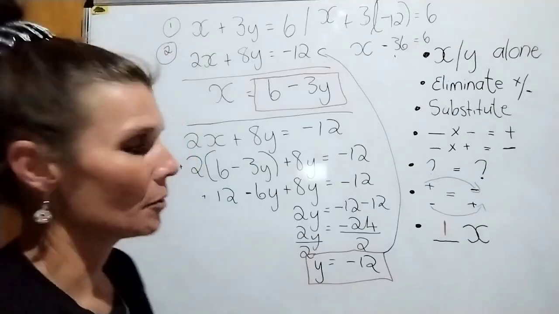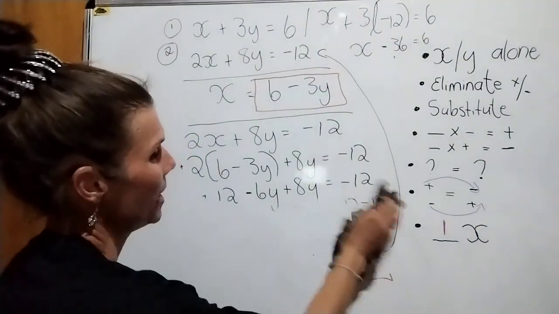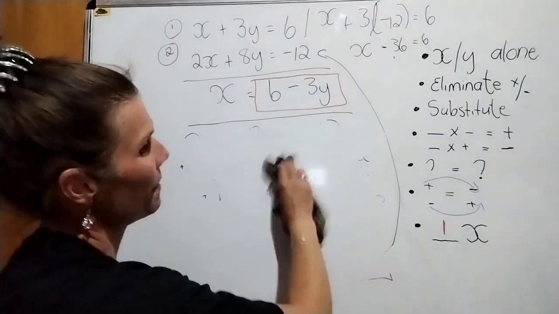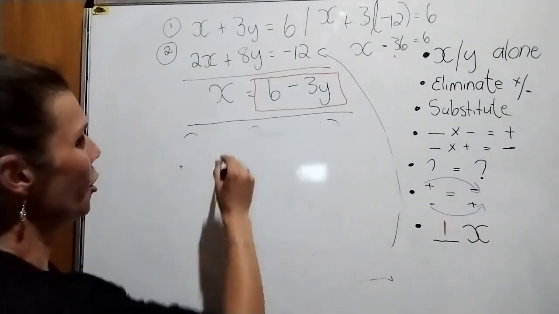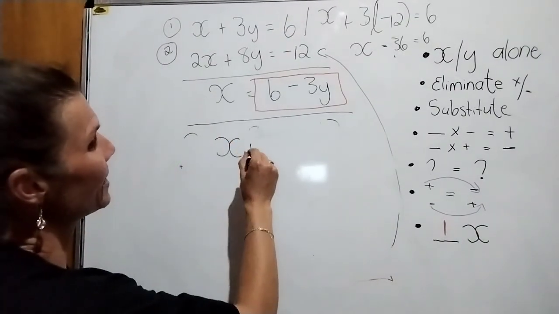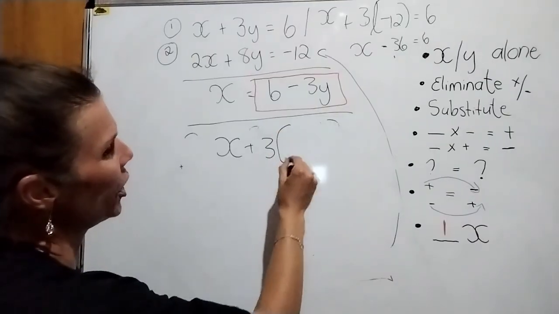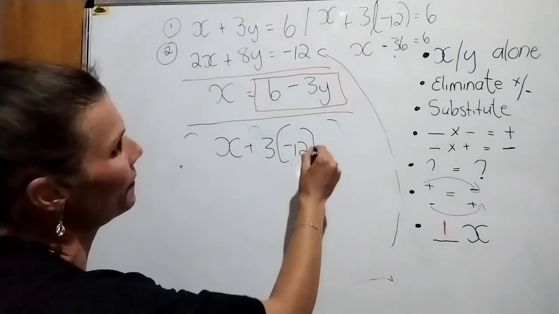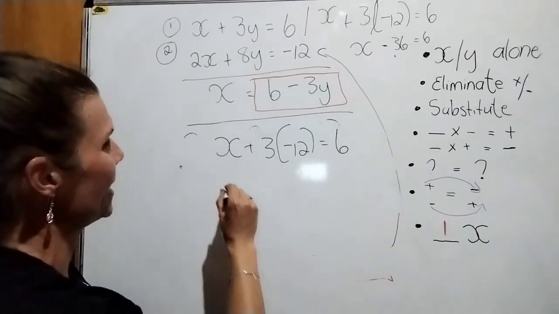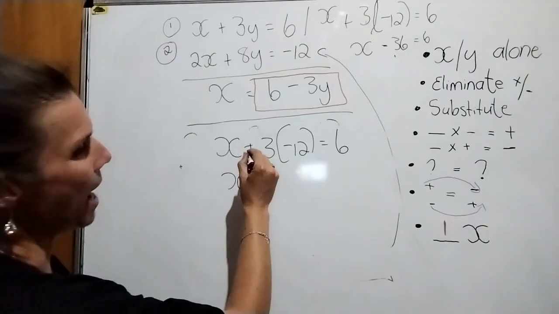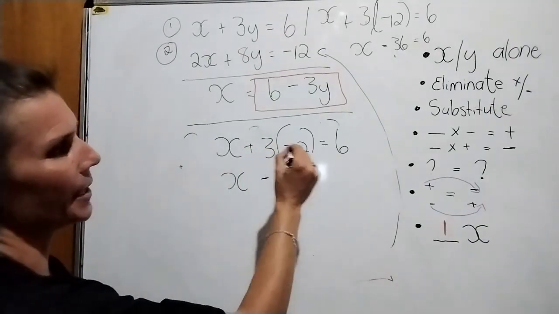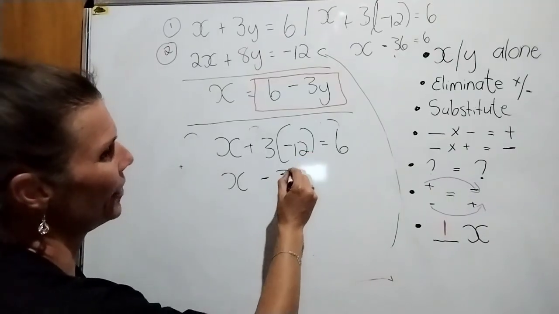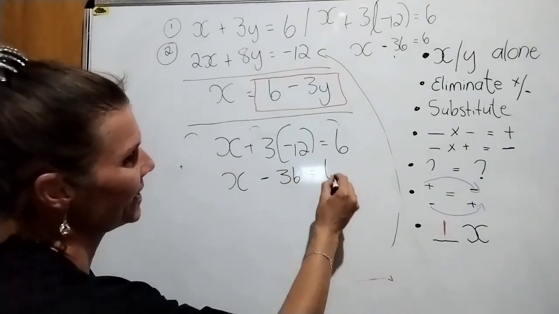Now for the board's sake, I am just going to rub this out so that you can see where we stand. We were here, x plus 3, and I knew y was minus 12, equals 6. So x, a plus times a minus stays a minus. 3 times 12 is 36, equals 6.